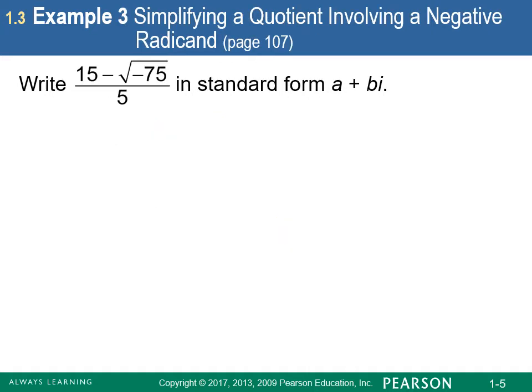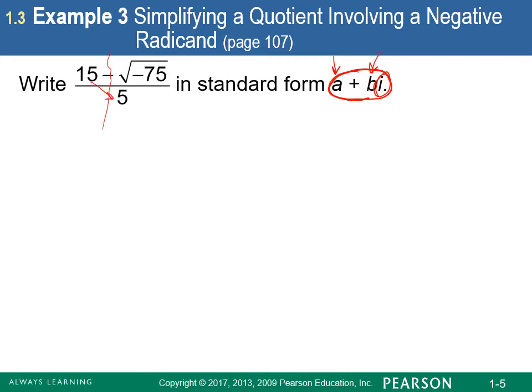Now this situation is a common occurrence when we're dealing with complex numbers. We like all answers to be in the form of a plus bi, where a is any real number and b is any real number, but there's an i at the end of this. So what we're going to do on this is we're going to split this apart.